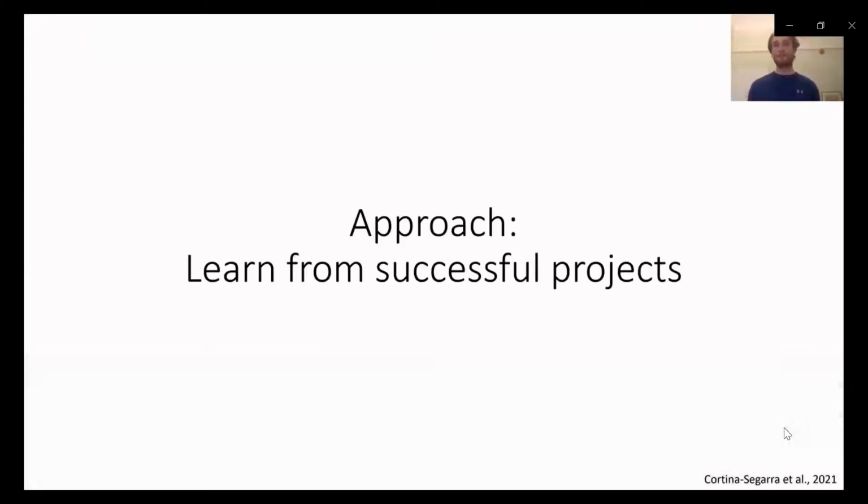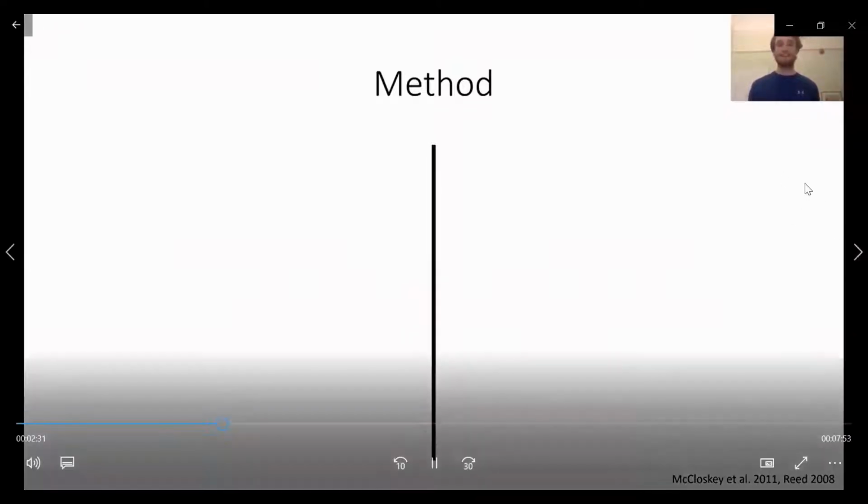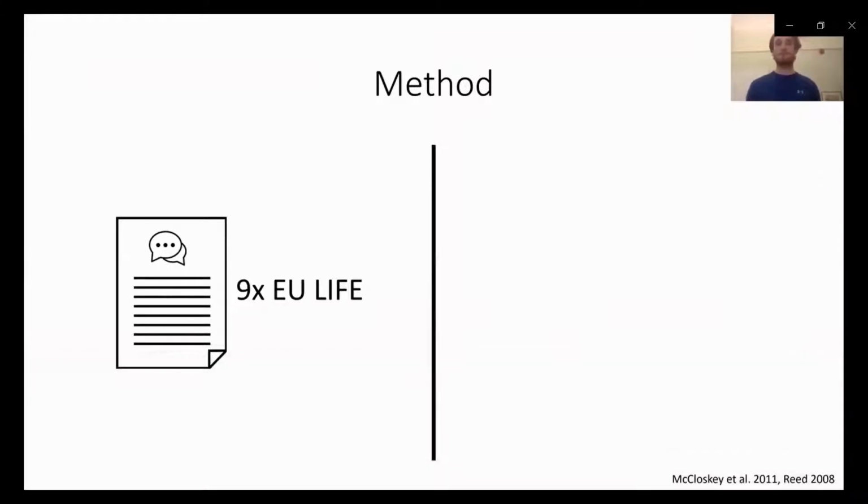So, my approach has been to learn from successful projects. It's very basic. My methodology is a little bit different than you may be familiar with, because rather than using quantitative analyses, I used a qualitative analysis. I interviewed 9 different EU LIFE projects and their project managers to understand how they engage communities and to also see their perspective on the matter.